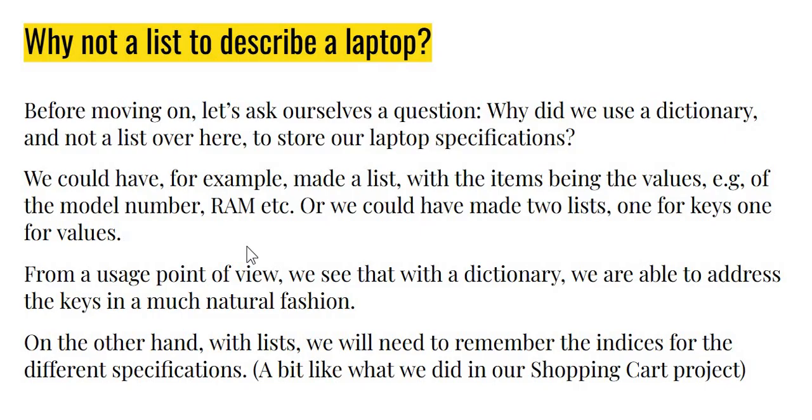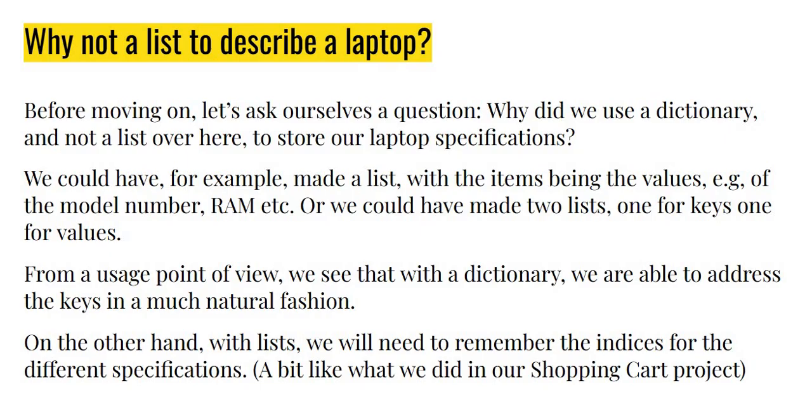However, if you think about it, because we have used a dictionary here, our code becomes quite natural, because we do not have to worry about indices. On the other hand, had we taken the list approach, we would have to keep mapping all the time that if I'm dealing with the brand, then I must be looking at index number so-and-so of this list.